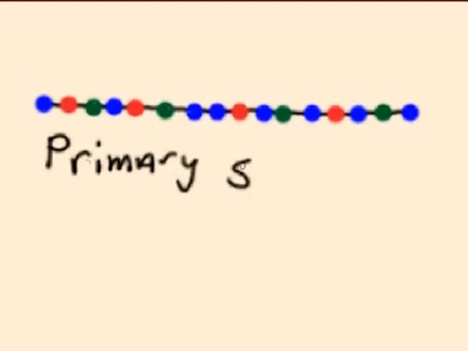Now, when you're just concerned with the sequence of the amino acids, this structure is given a name. We just call this the primary structure of a protein. This is the primary structure of the protein because it's just the amino acids.